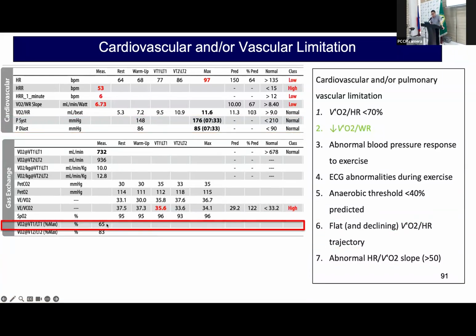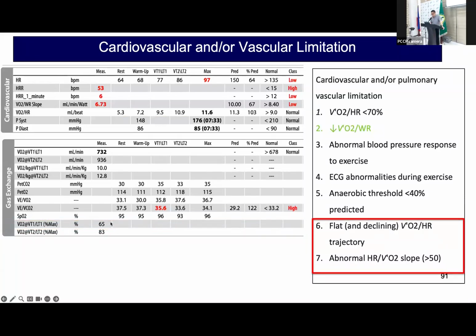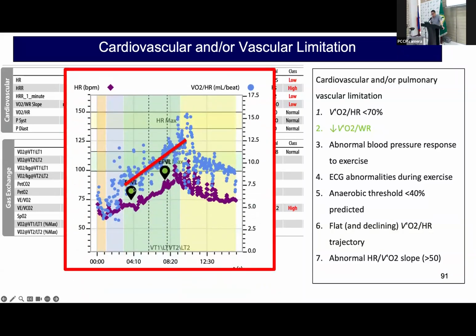It is 65%, normal. We look for flattening of the VO2 heart rate or abnormal heart rate VO2 slope. Okay, you can see here, it is increasing and it surpassed the VO2 heart rate. So it's normal. So there's only one parameter that's abnormal. So I won't consider that significant. So I don't think the patient, based on this result, has a significant cardiovascular problem.